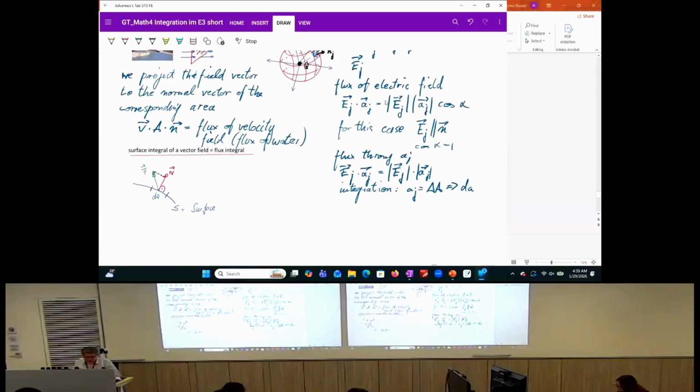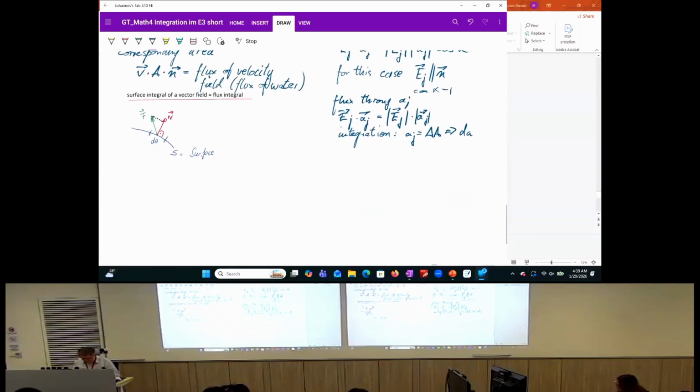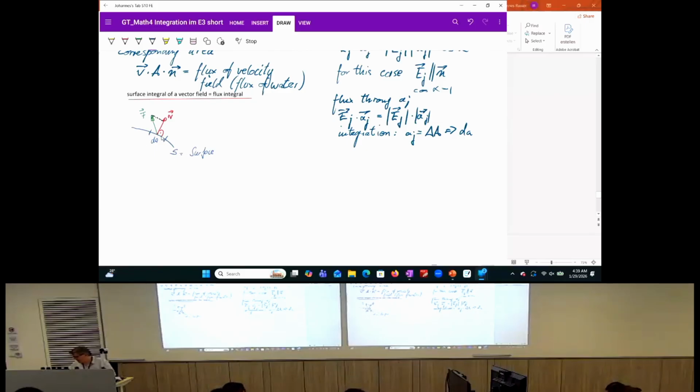So, to show that here maybe in a bit more detail, this is basically what this graph shows. This is a cut through the surface. You just see a cut through it. This is an element of the surface, so you can think of this extending towards you, into the space.